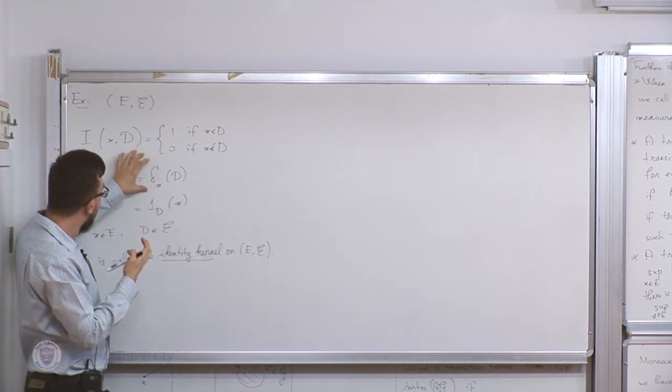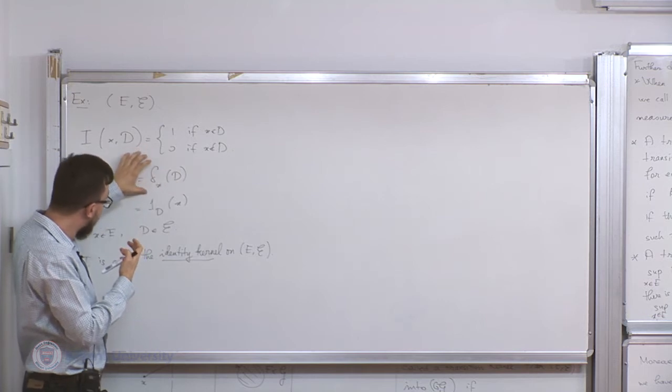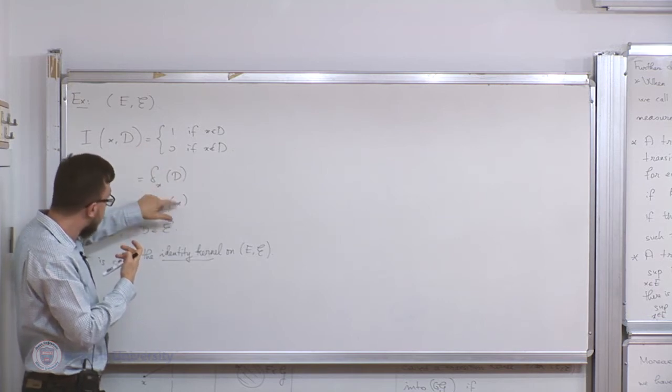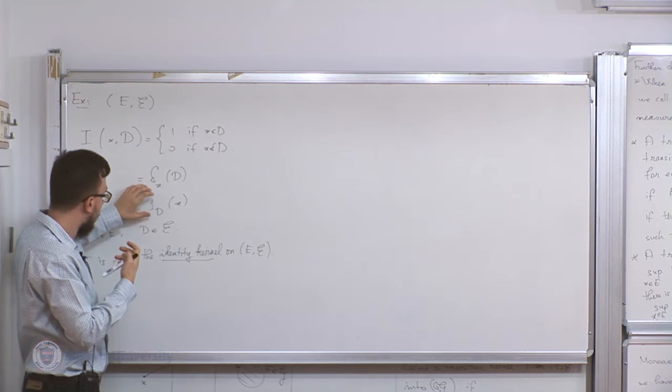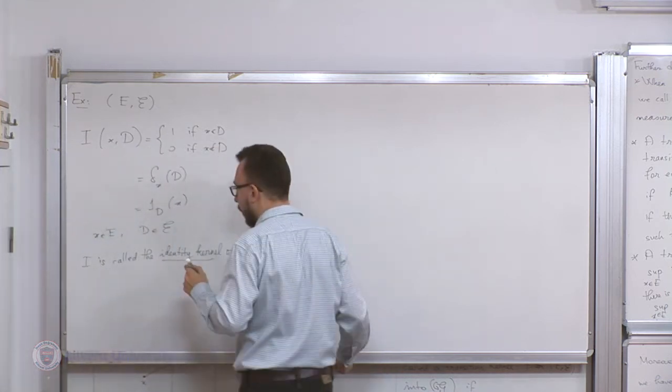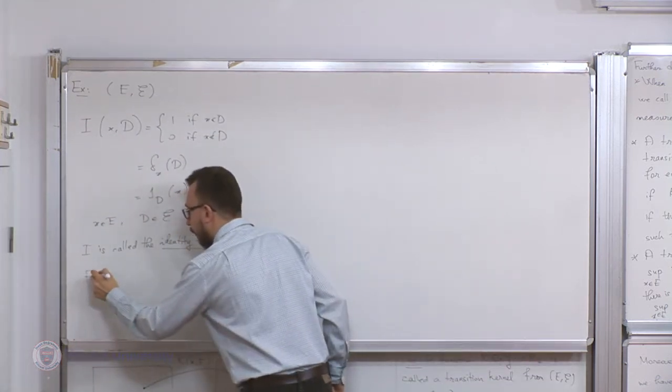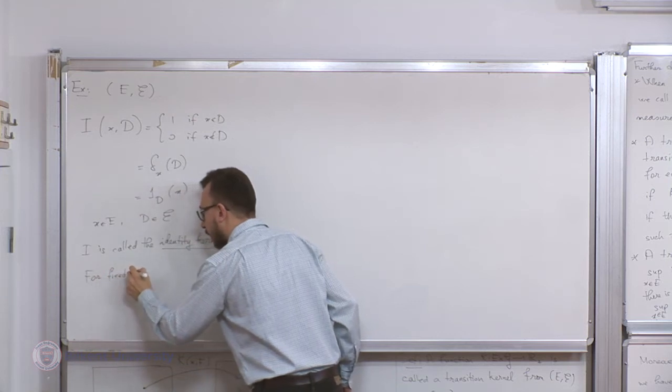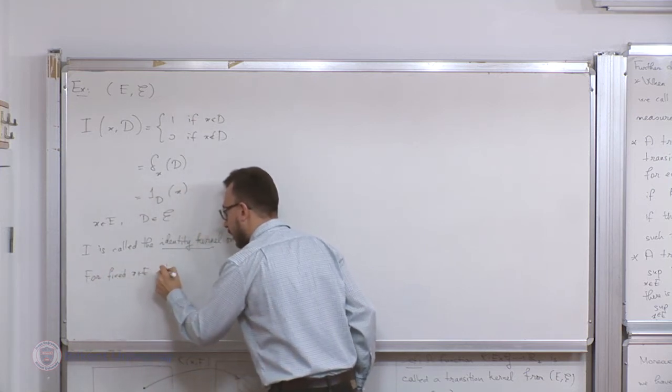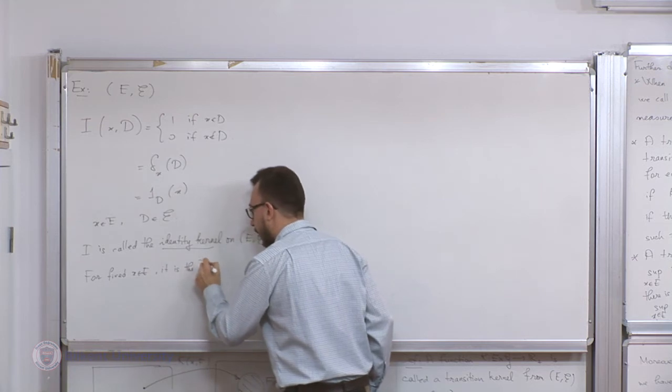Because on one hand, it is equal to the Dirac measure. So as a function of the set, it is a measure. As a function of x, it is a measurable function. For fixed x, it is the Dirac measure.